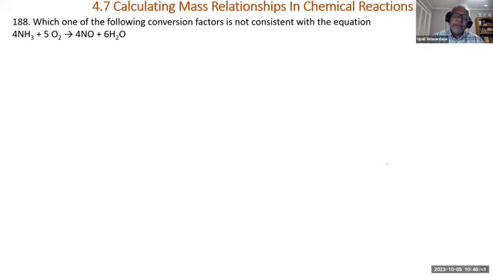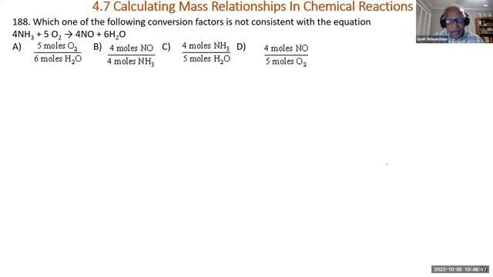Which one of the following conversion factors is not consistent with the equation? Conversion factors are important in converting moles of certain chemicals to moles of other chemicals, like we used in previous problems. You look at oxygen and water, 5 to 6, that's correct. Between nitrogen and NO, it's 4 to 4, that's correct.